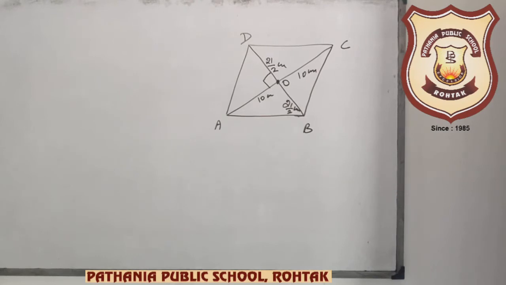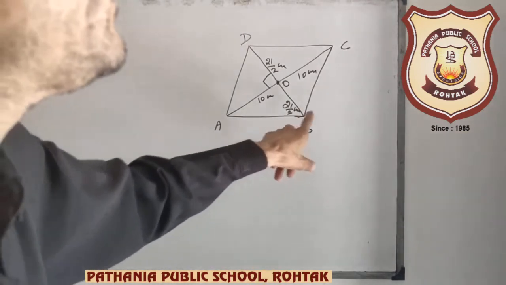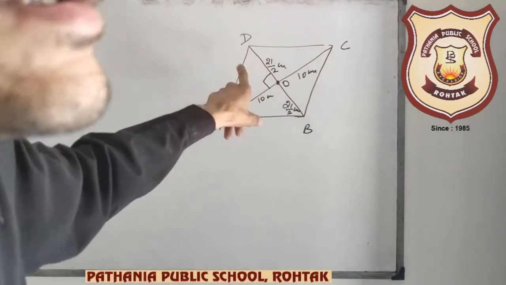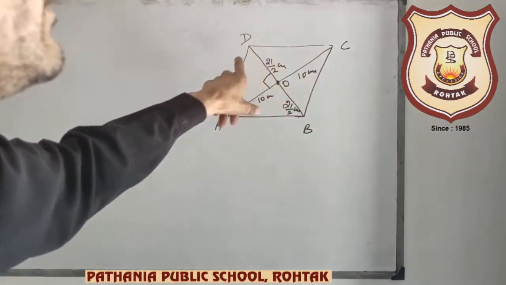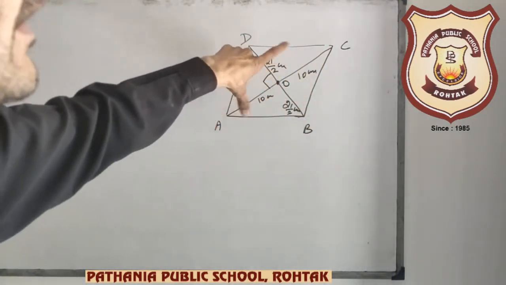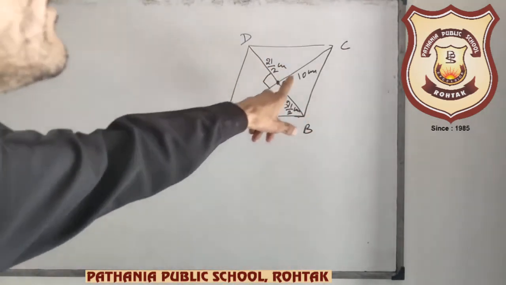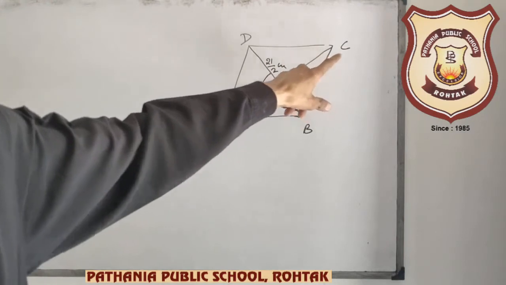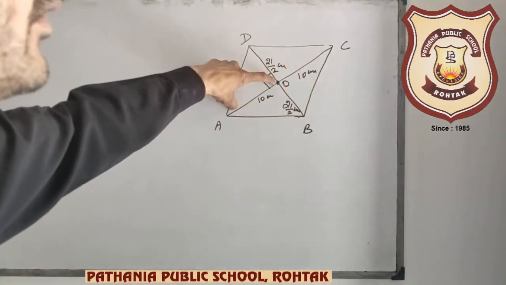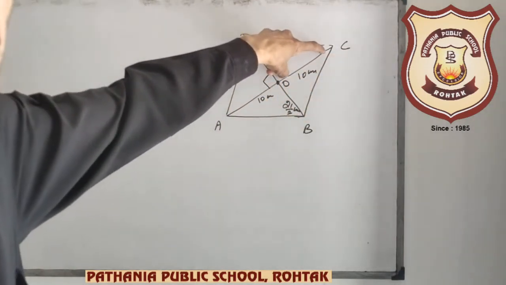Question number 7. In this question beta, ABCD is a rhombus. In a rhombus, all the sides are equal and the diagonals bisect each other at right angle. The length of one diagonal is 20 centimeter. Because they bisect each other, 10 is this side and 10 is this side.